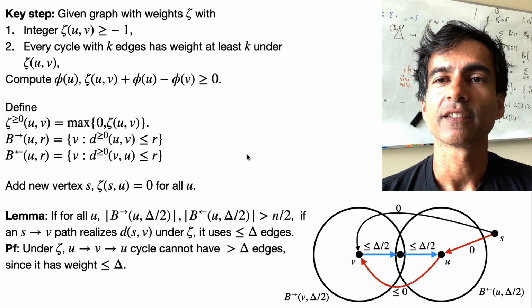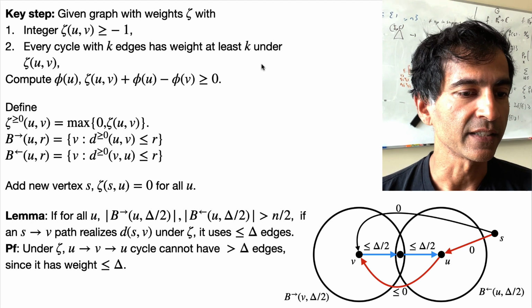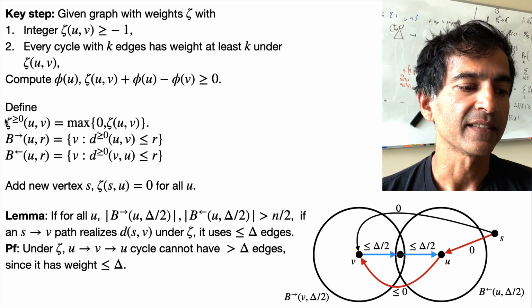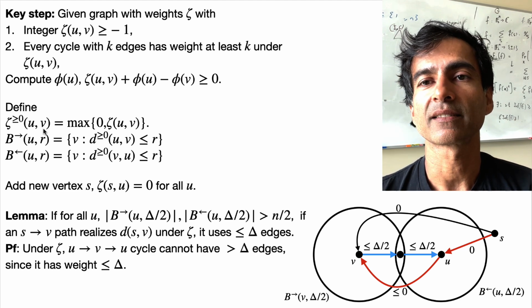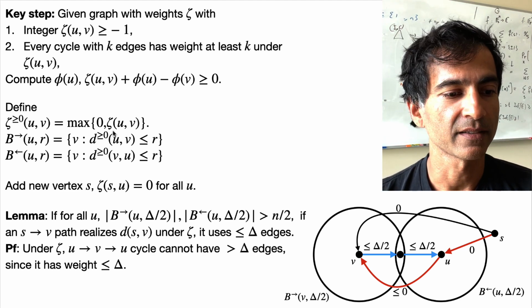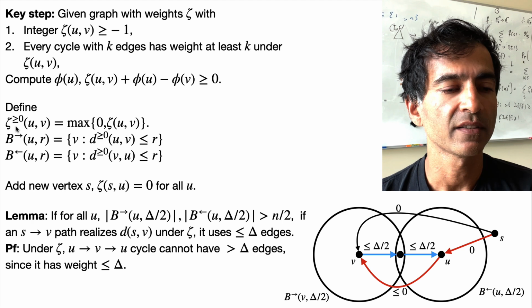Given a weight function zeta satisfying these two assumptions, let's define zeta greater than or equal to 0 to be the weight function where we take all of the negative weights and set them to be 0. Okay. That's this weight function.